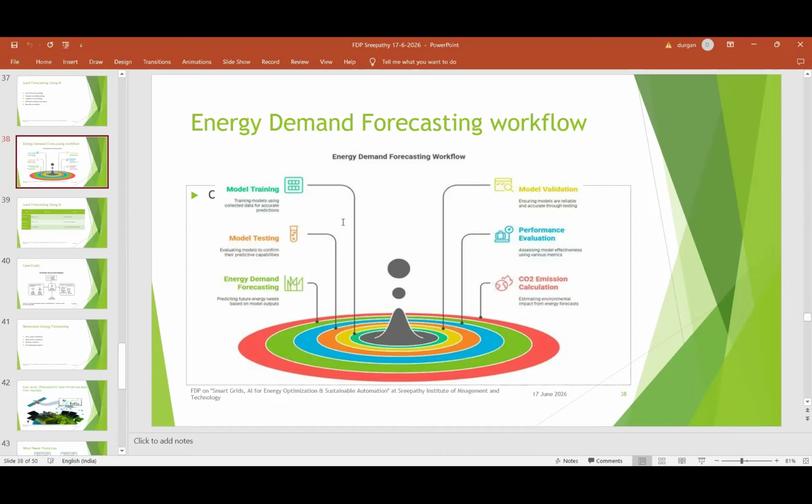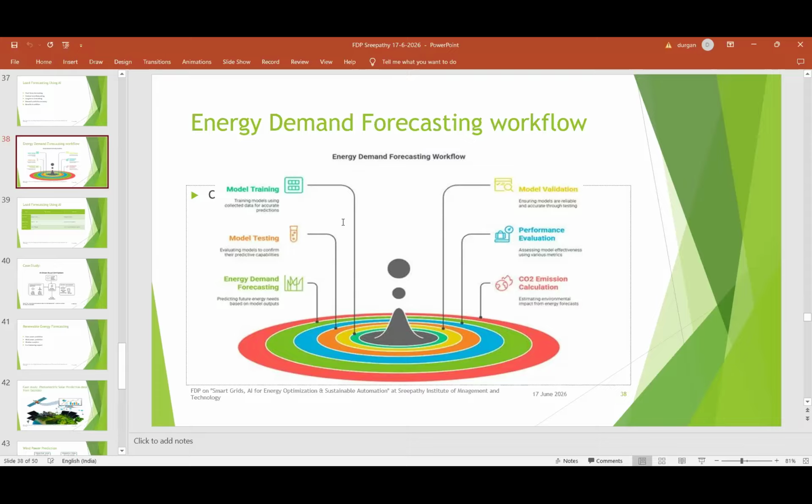And finally, that validated model is evaluated using the mean absolute error, then root mean square error, then mean percentage error, then coefficient of determination of energy demand.